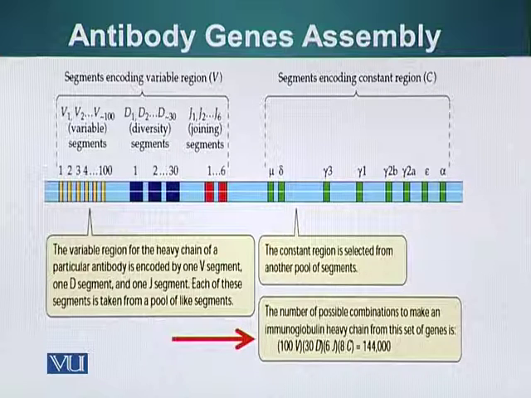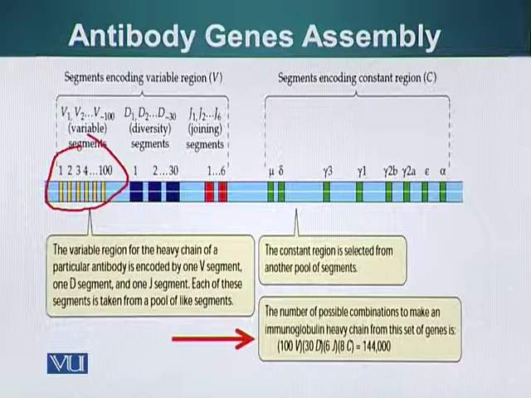Out of these V segments, only one will be picked, and that will be picked at random. So any one of these, 1, 2, 3, 4, all the way to 100, will be picked at random, and it will be combined with the D fragments. So here are the V segments, 1, 2, 3, 4, all the way to 100. One of these segments will be picked.